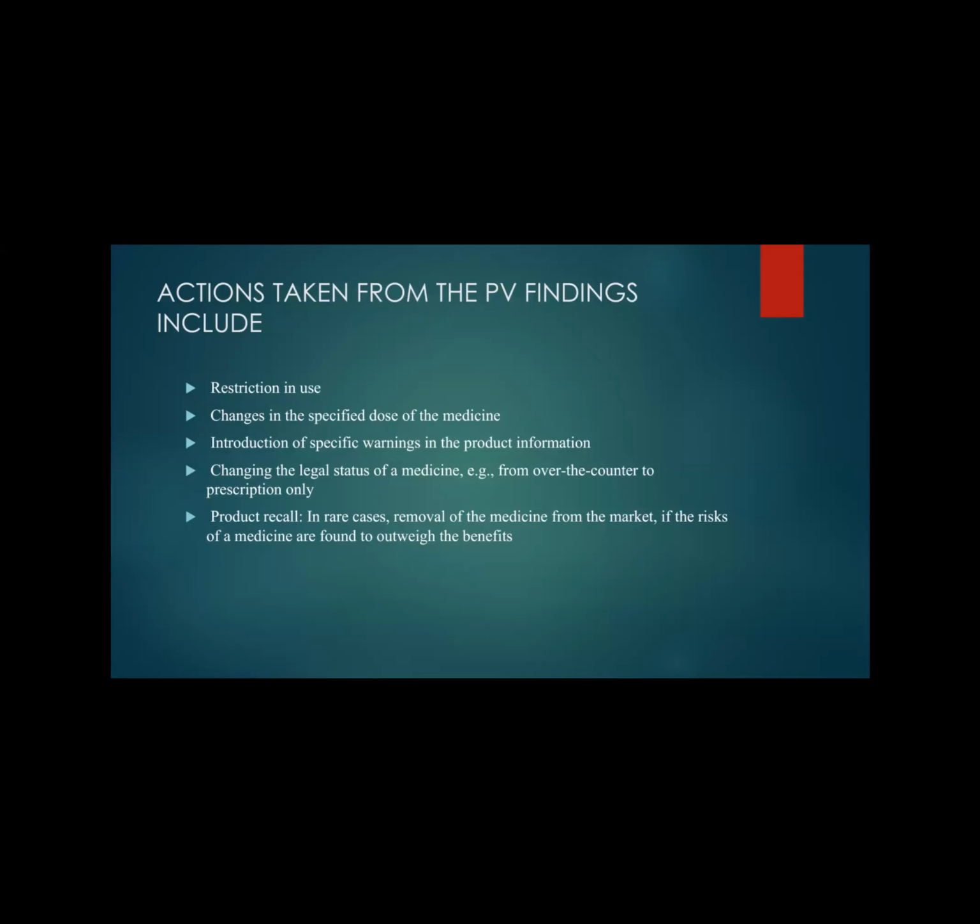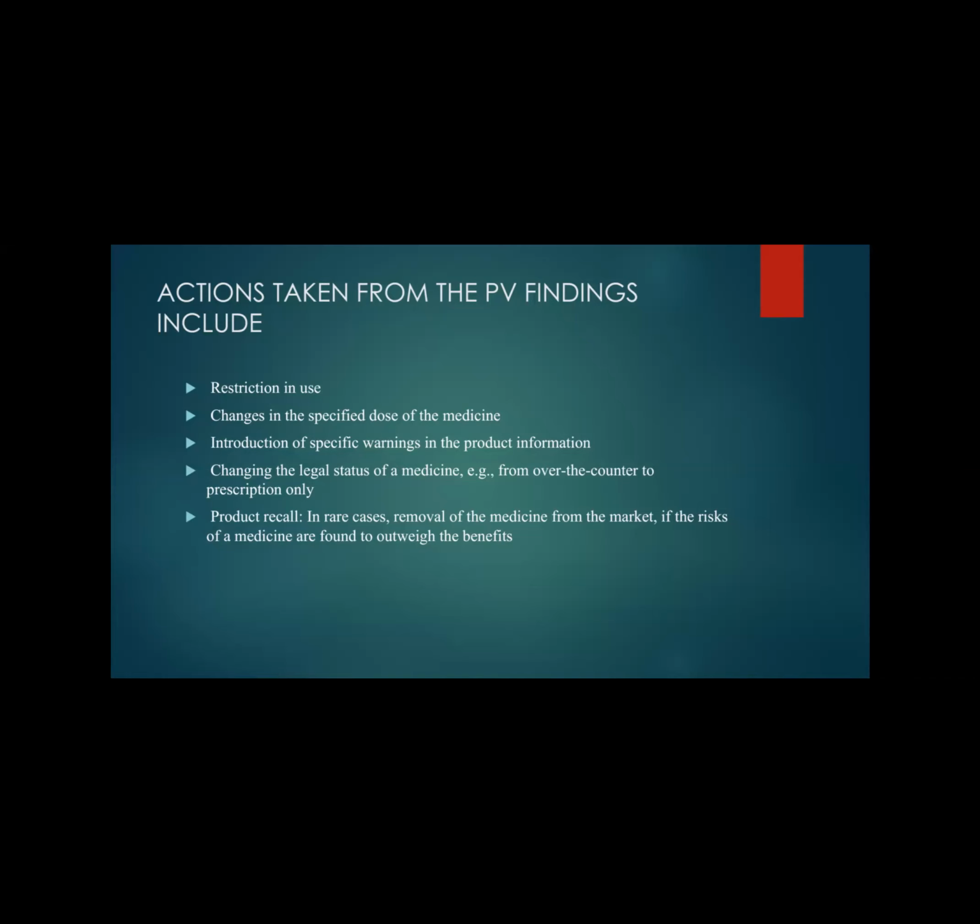Signal detection means that if any particular area is reporting very frequently, and the frequency of reports for that drug is increasing, then there is a signal, like how we have coronavirus now.